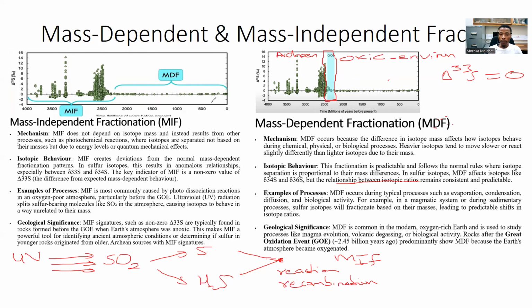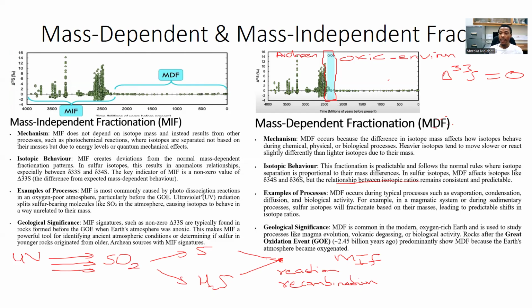Okay, but now the mass-independent fractionation, these are what you call the non-zero. They do not follow the normal rules where the isotope fractionation is proportional to the mass difference. No, they do not follow that relationship or that rule.